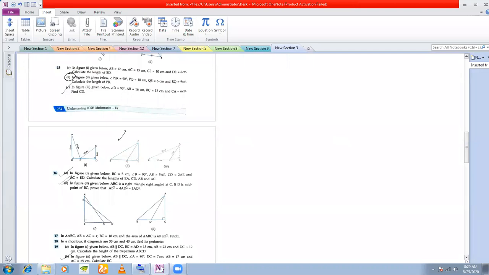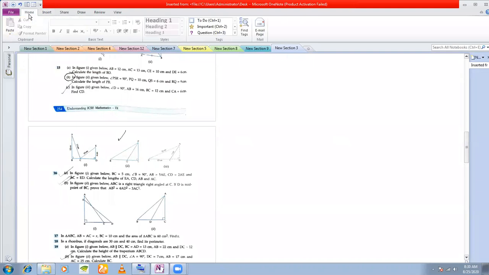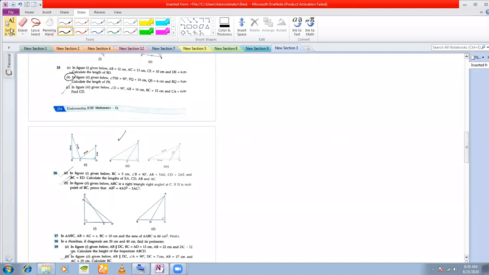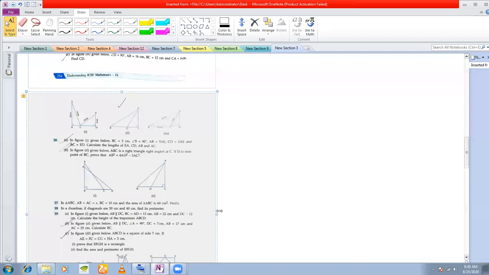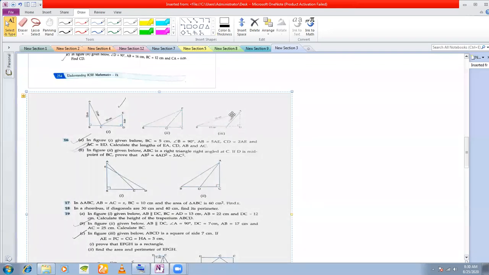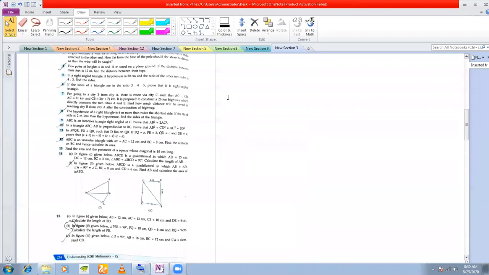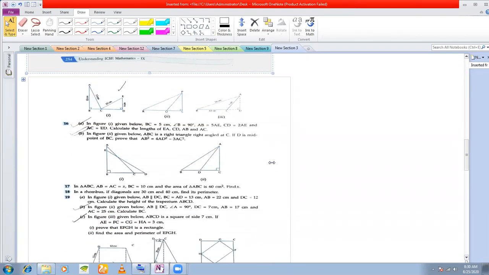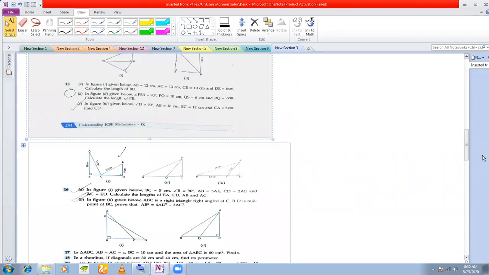Let me just enlarge a little bit. Let's read this problem. In the figure given below, angle PSR is equal to 90 degrees.